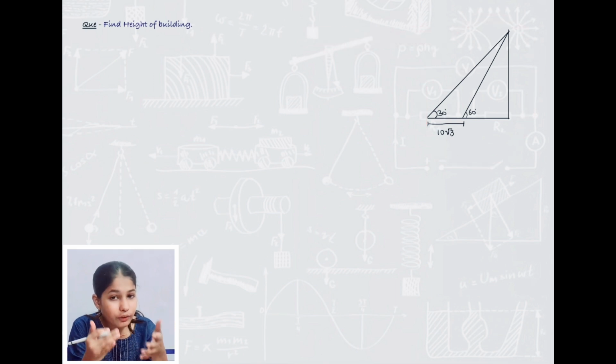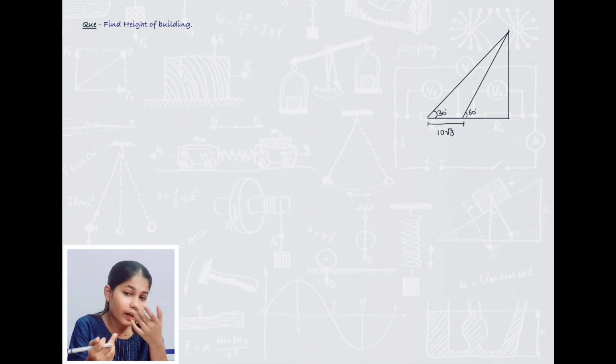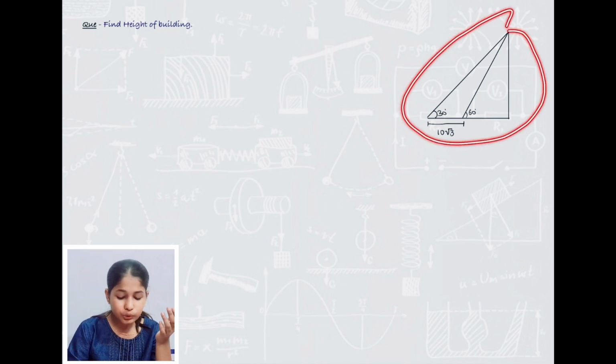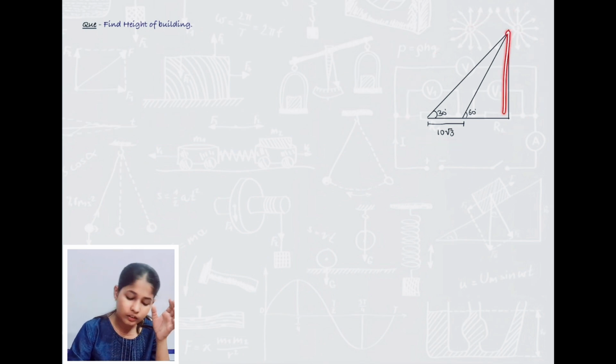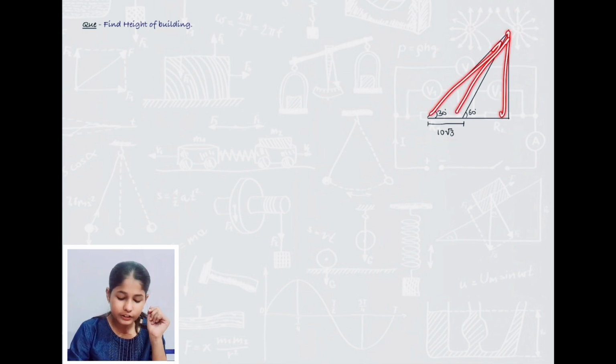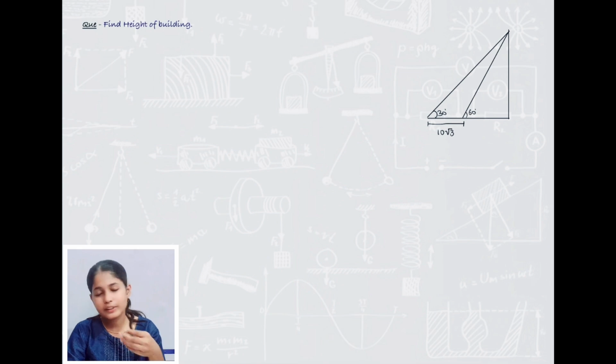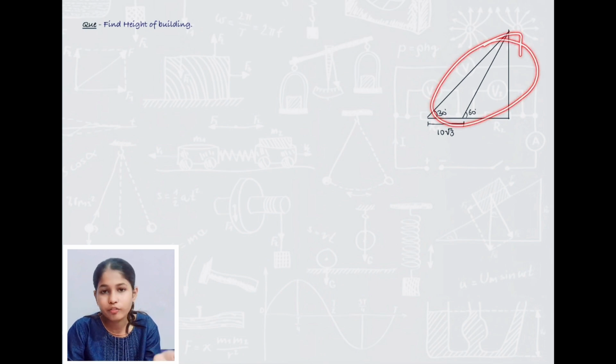Can you recall that in your class 10th, trigonometry had the chapter Introduction to Trigonometry, and then your next chapter was Applications of Trigonometry, in which you used to solve questions like it is seen from 60 degrees, it is seen from 30, 45 degrees. Any angle will be given and you have to solve the question.